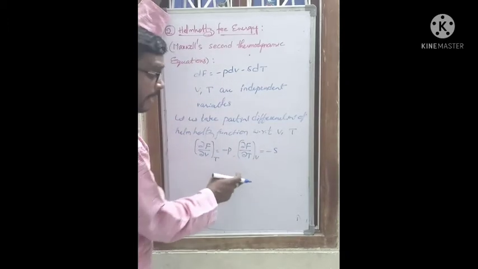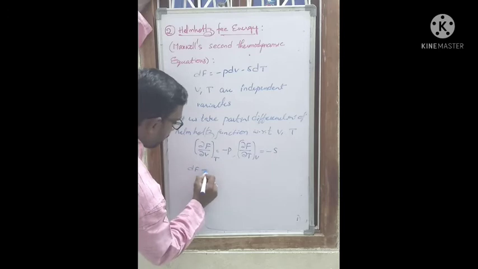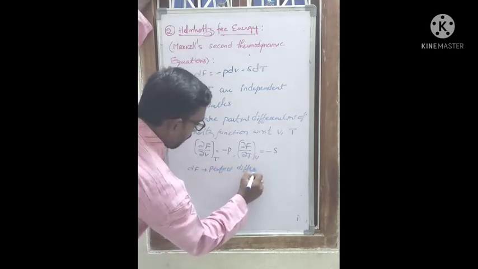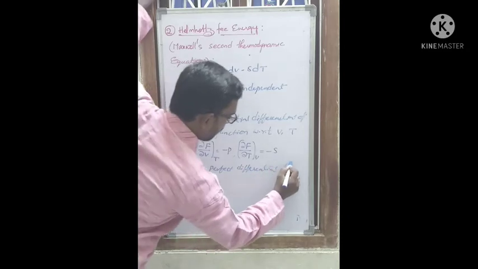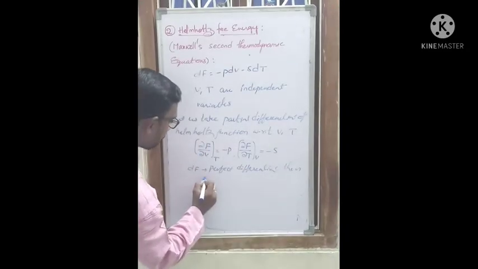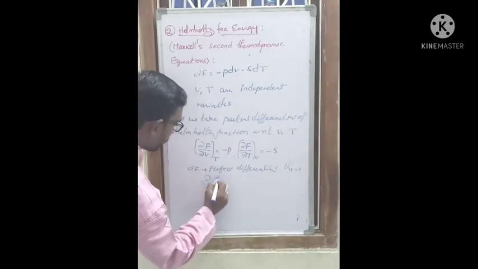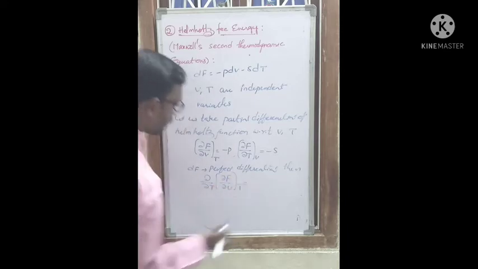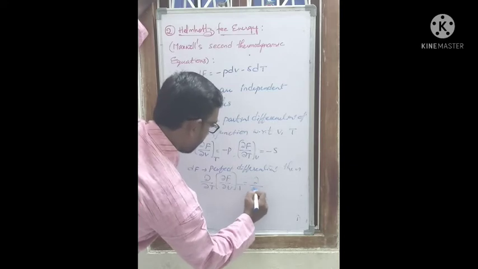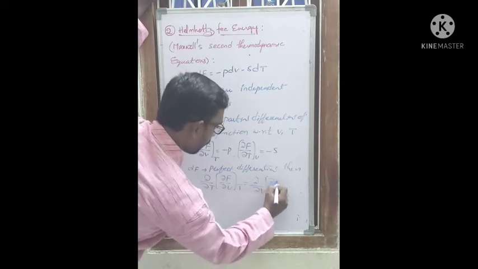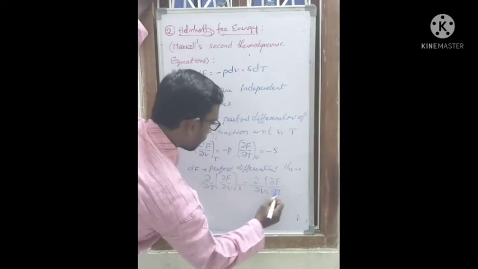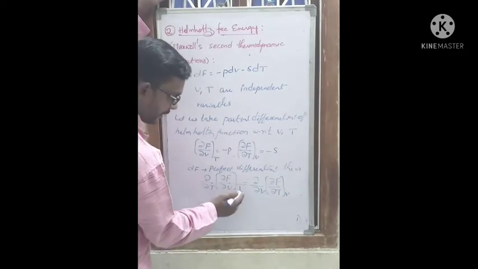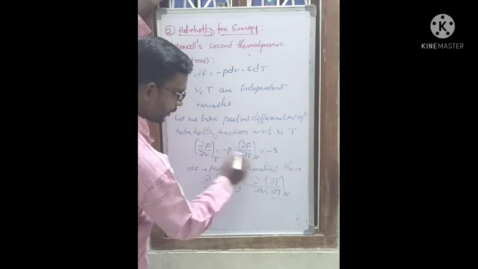Okay, we got two equations. And we know that dF is a perfect differential, then we'll write ∂/∂T of ∂F/∂V at constant temperature equal to ∂/∂V of ∂F/∂T at constant volume. And again you have to substitute these two terms from these two equations.